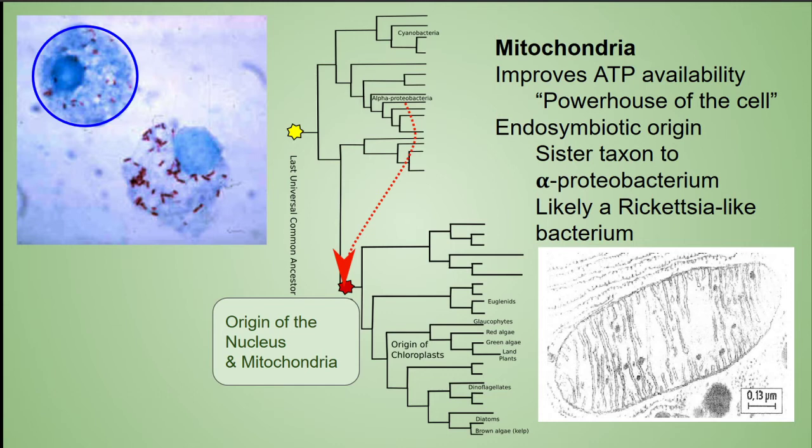In fact, these images come from an intracellular bacterium that might have looked a lot like the ancestors of mitochondria. This particular group is pathogenic, it's disease causing, and it's called rickettsia. These rickettsia bacteria are members of the alpha proteobacteria and live within cells, and it's possible that the ancestor of the mitochondria might have entered cells in a similar way.